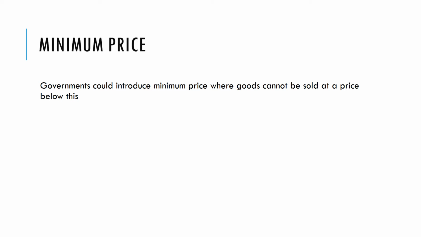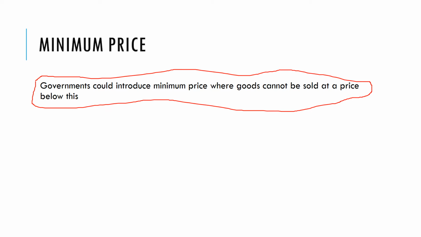So a minimum price scheme, governments can introduce a minimum price, and our definition here of a minimum price is where goods cannot be sold at a price below this, and that's enforced by the law. The advantage of this is a minimum price will discourage the consumption of a good, so it addresses those negative externalities.